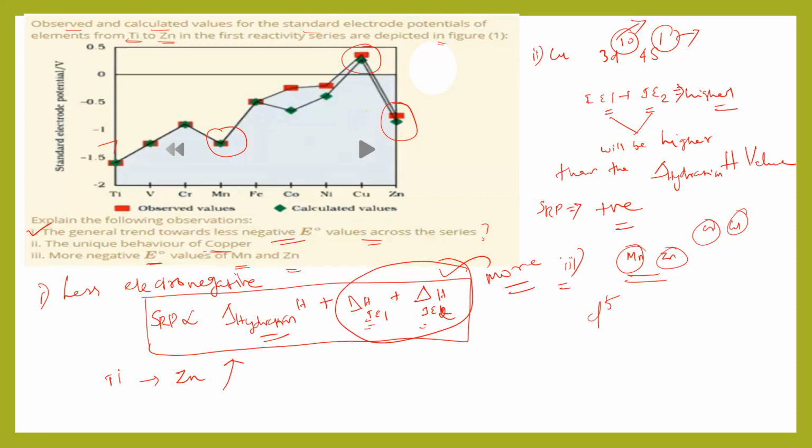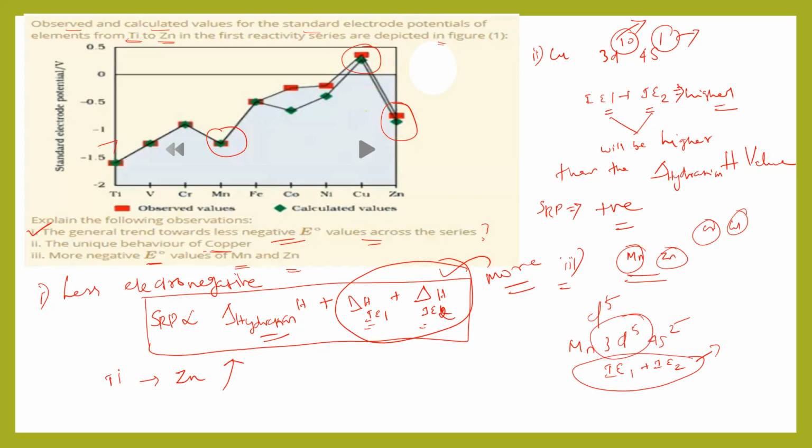So what happens here? In the case of manganese, it is 3d5 4s2. The first ionization enthalpy, removal of one electron, IE1, plus the second ionization enthalpy, removal of the second electron, will be very less in the case of manganese because it tends to attain the 3d5 configuration.